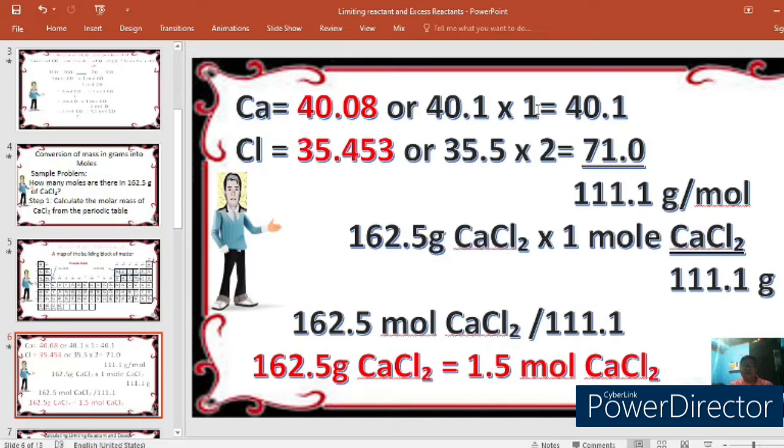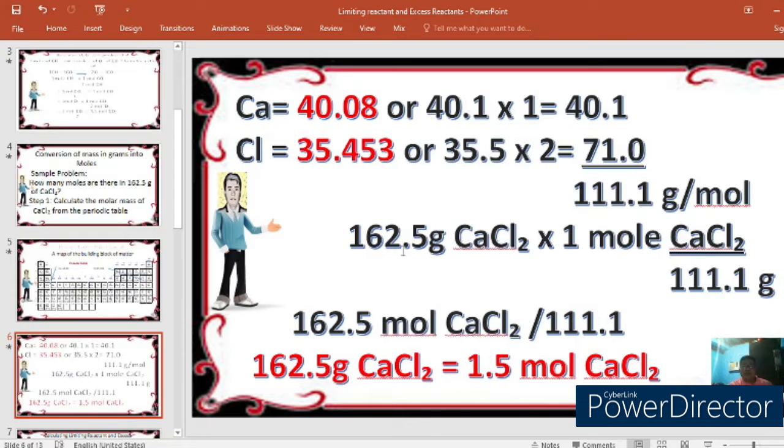So where did we get 1 and 2? We get 1 from the subscript of calcium, which is understood to be 1, while 2 we get from the subscript of chlorine, which is 2. Okay, so 111.1 grams per mole.